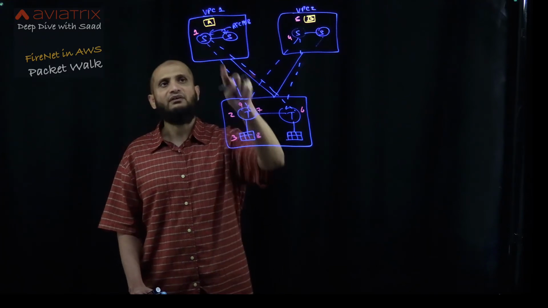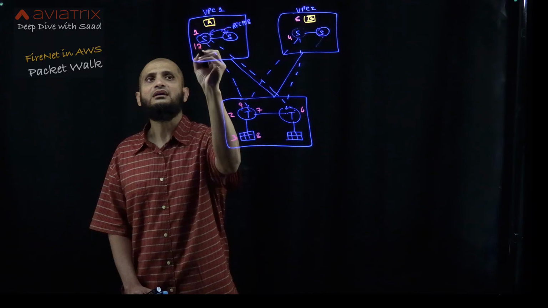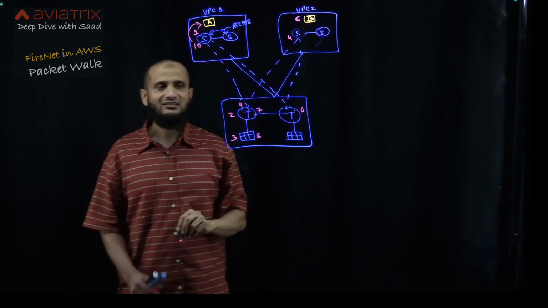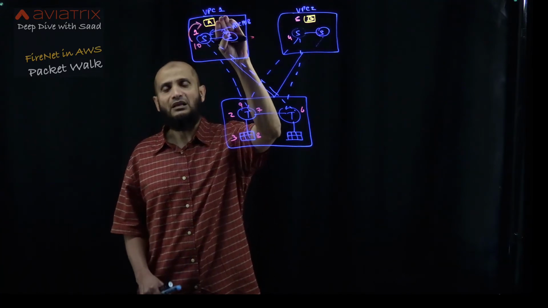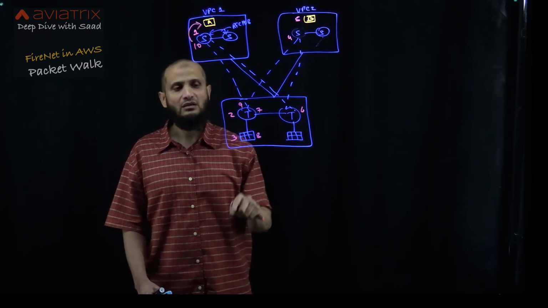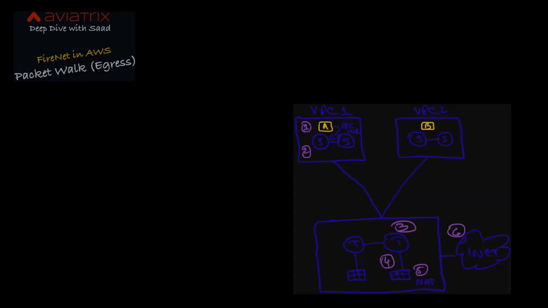Let's say the traffic comes back to the primary spoke, and then the primary spoke is going to send the traffic to its destination. That's how you send the traffic from application A to application B across Aviatrix Transit, where FireNet is enabled for the traffic inspection.